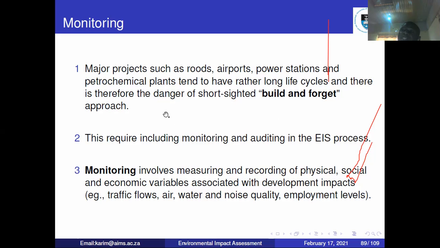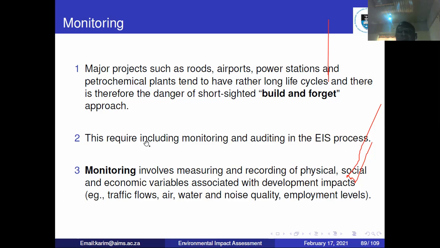So the petrol stations, the airport stations, and the roads, they have effects that may take long to manifest. And because they have effects that take long to manifest, if you don't take time, you will forget it. So you need to monitor the project so that you'll be able to see whether there is that effect or not. Otherwise, you will just forget and then the effect will start and you will not even know. So there should be monitoring.